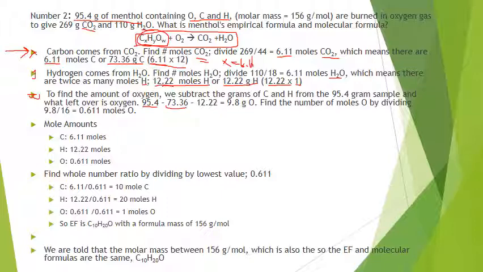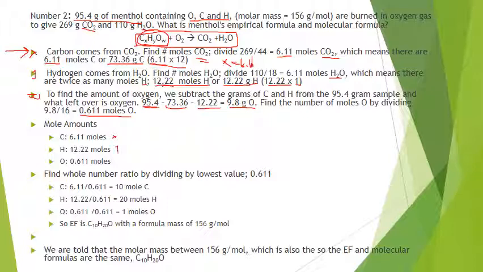So we simply subtract 73.36, the amount of carbon, from the total mass, and subtract 12.22 from it, and you end up with 9.8 grams of oxygen. Then you find the number of moles by dividing by the molar mass, and you get 0.611 moles of oxygen.